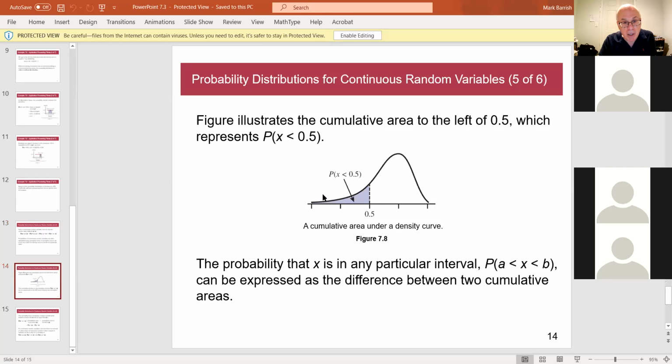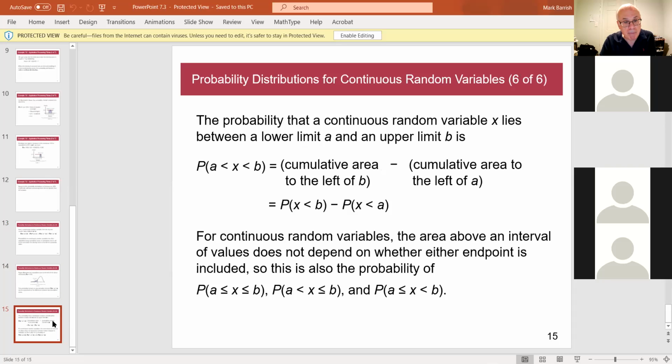So this area here is the cumulative area for when x is 0.5. The cumulative area is the probability that x is less than 0.5. That means to the left of 0.5. It's the entire area under the curve to the left of 0.5. That's what this probability is referring to when we draw the curve. Okay? Any questions about that?